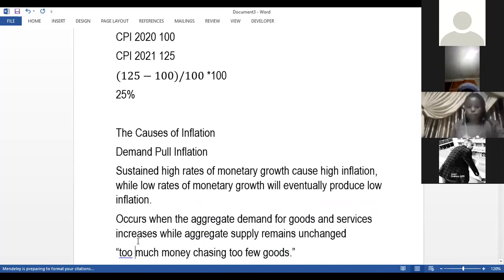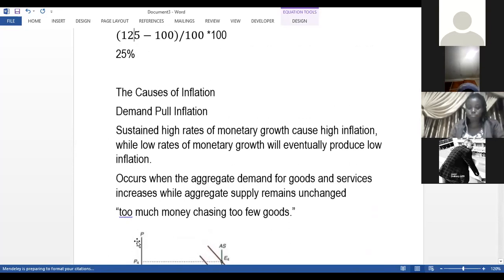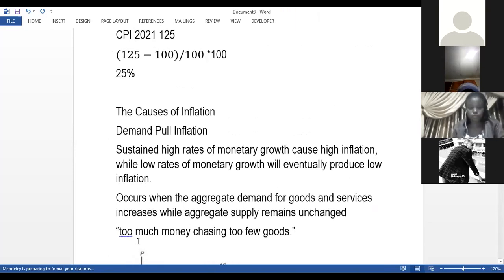So for the purposes of this module, we're going to be looking at basically two types of inflation. The first one is referred to as demand pull inflation, and the second one is referred to as cost push inflation.